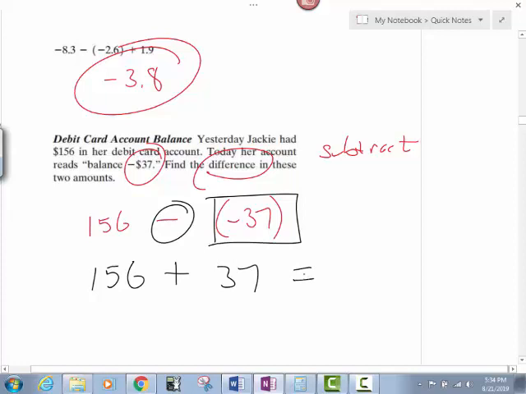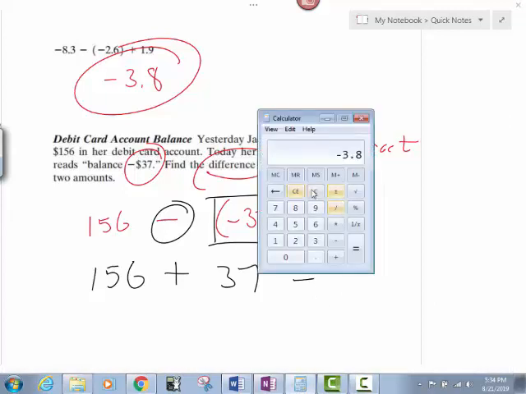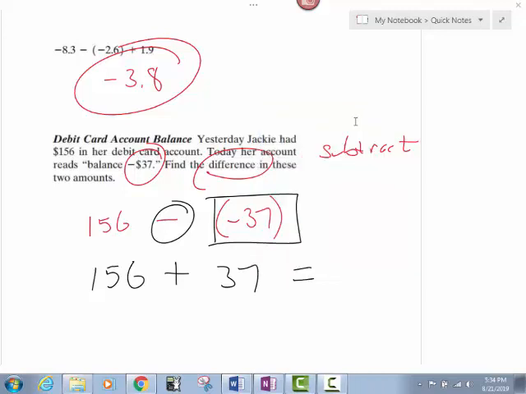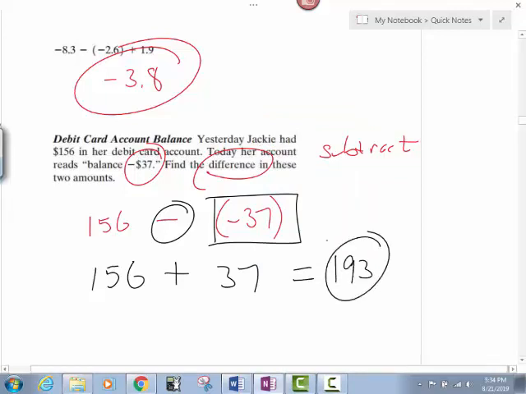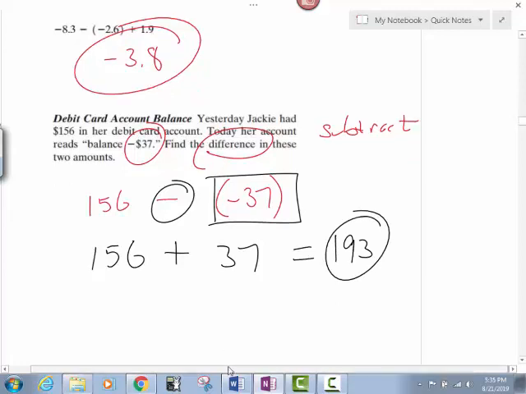Okay? Now, I'm just going to add these numbers together, right? So again, if I want to grab my calculator, it's right here. Let me clear that out. 156 plus 37, 193. Okay? Oops, 193. And there we go. Good.